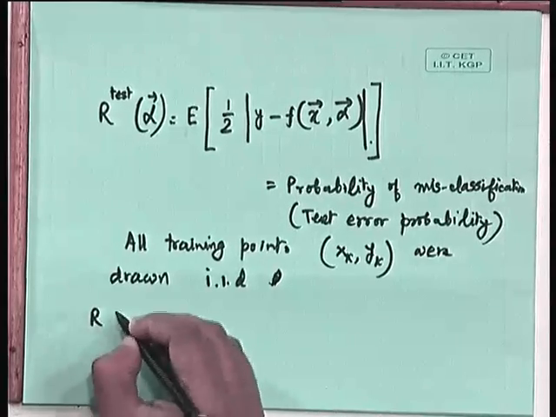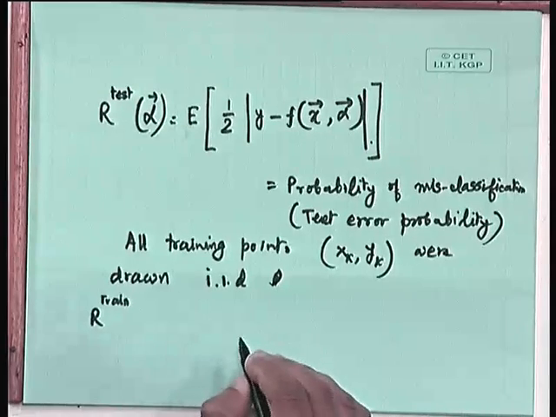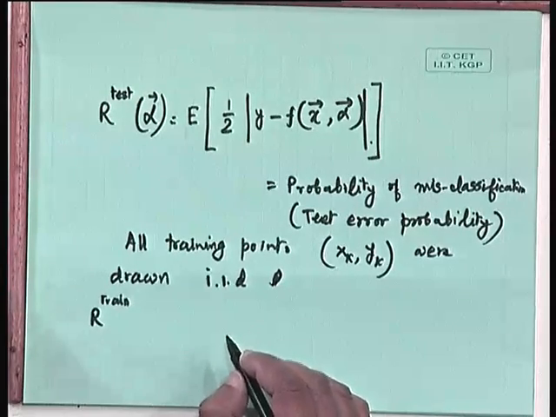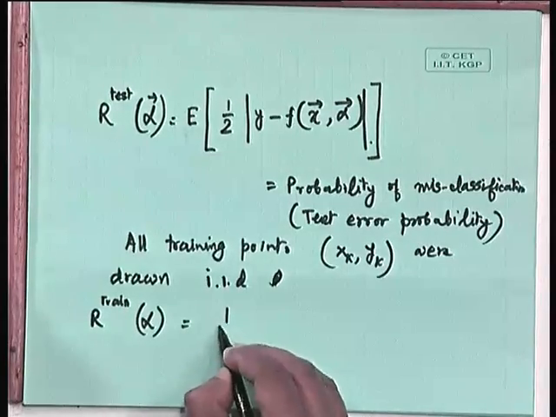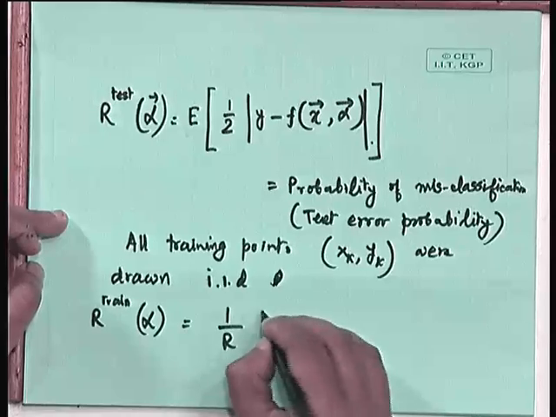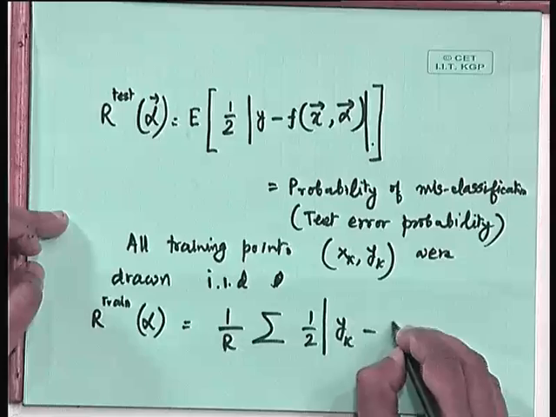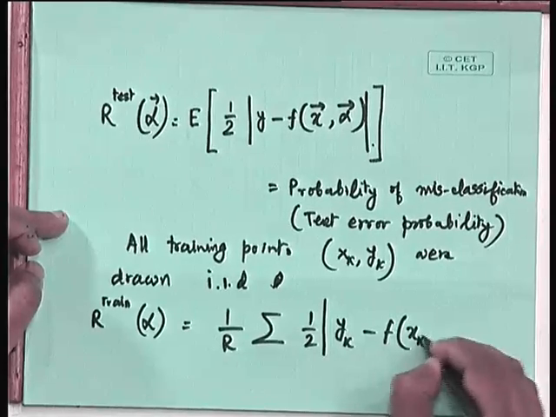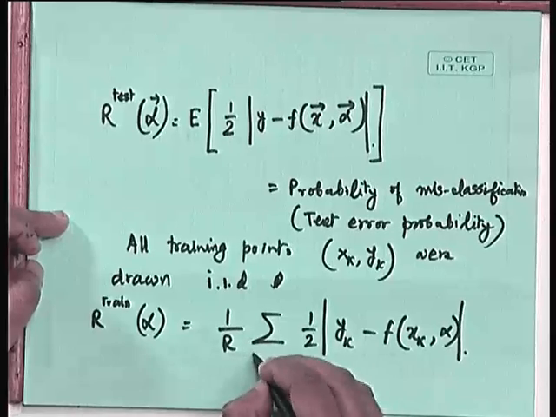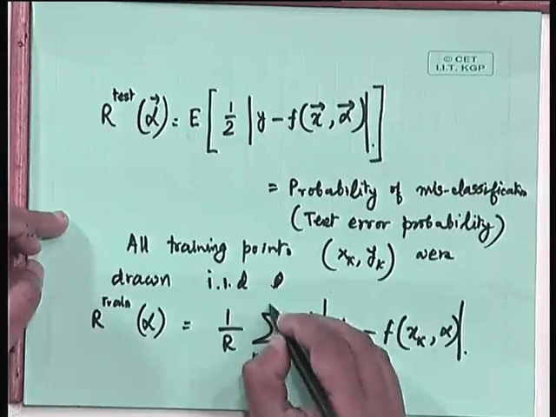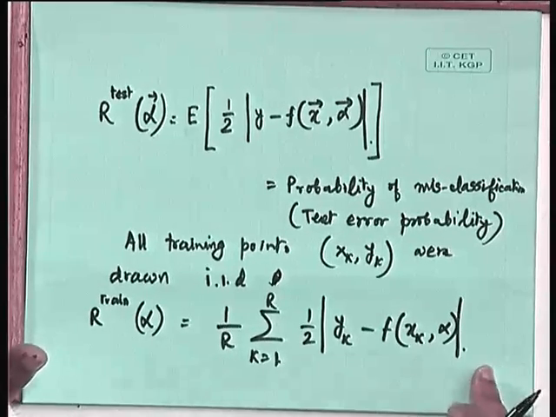Anyway, with that assumption we can define the training accuracy, or the fraction of the training set misclassified, as R train of alpha, which will be equal to 1 upon R into summation of half of mod of yk minus f of xk alpha, where we add it up from k is equal to 1 to R. Now, please take time to understand what I have written.